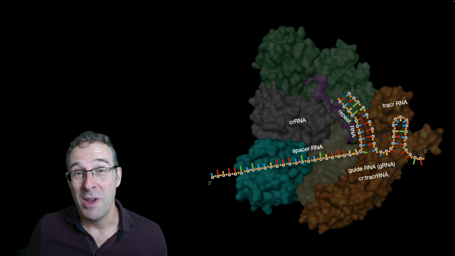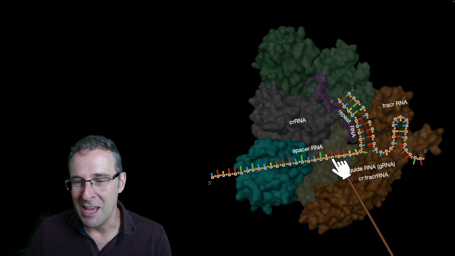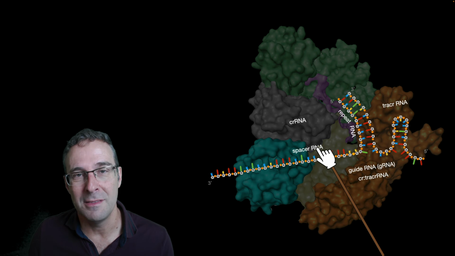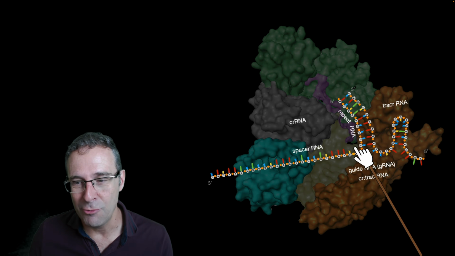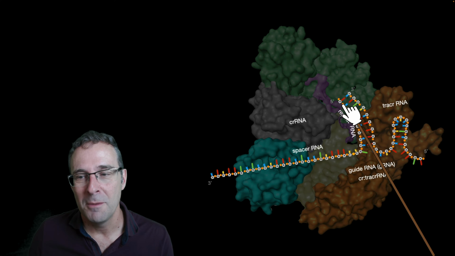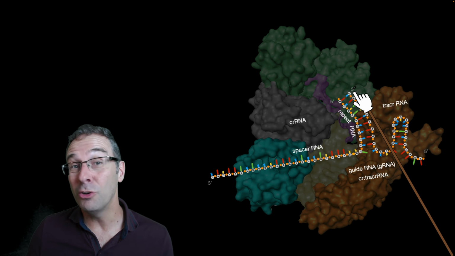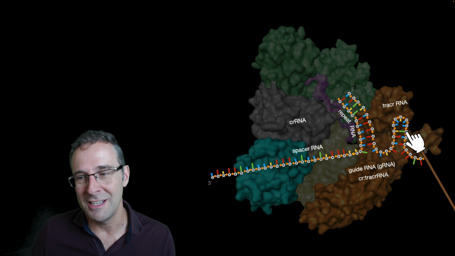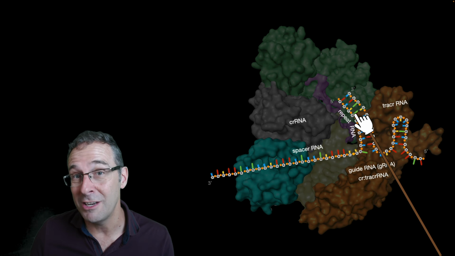You can see there we have both right here, the CRISPR-RNA made of both the RNA that was transcribed from the spacer region of the DNA and the RNA that was transcribed from the repeat region, all as a single polymer of nucleotides, all as a single RNA molecule. And then held to that RNA molecule, we've got a separate polymer of nucleotides here, a separate RNA held to it by complementary base pairing.